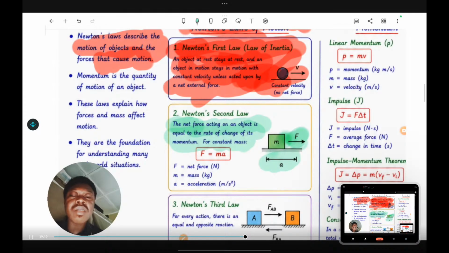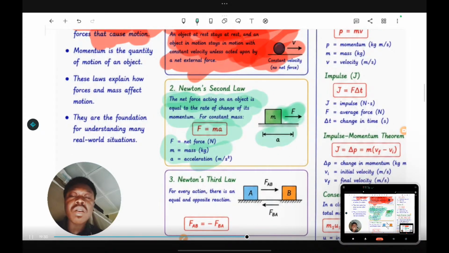So we have force equals mass multiplied by acceleration. That is how the second law is captured.